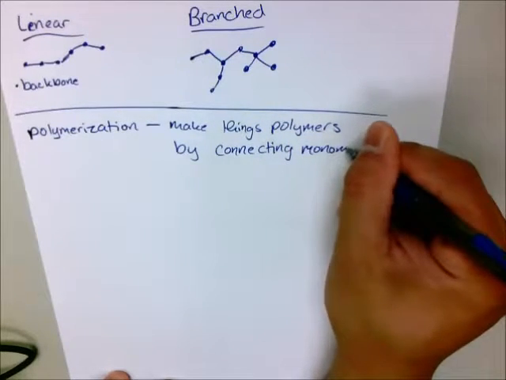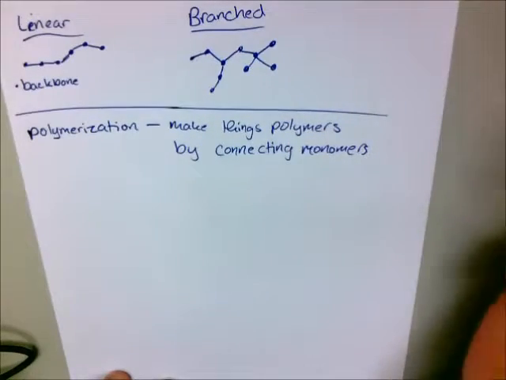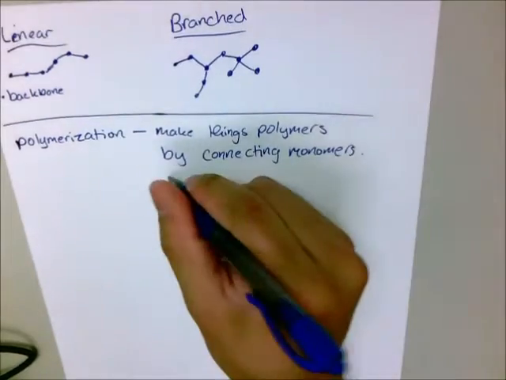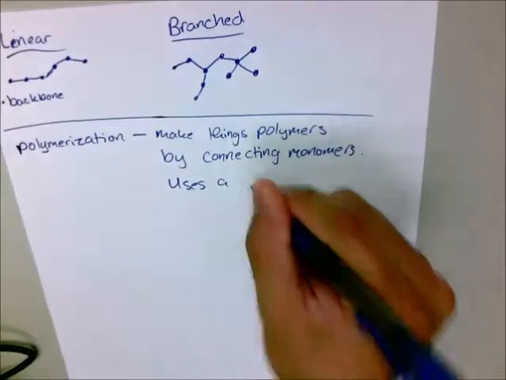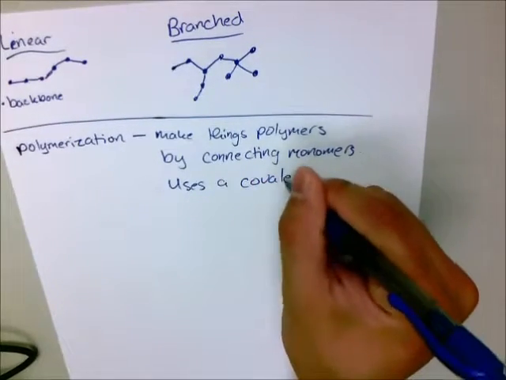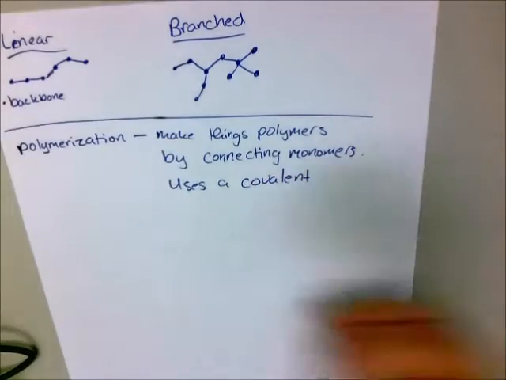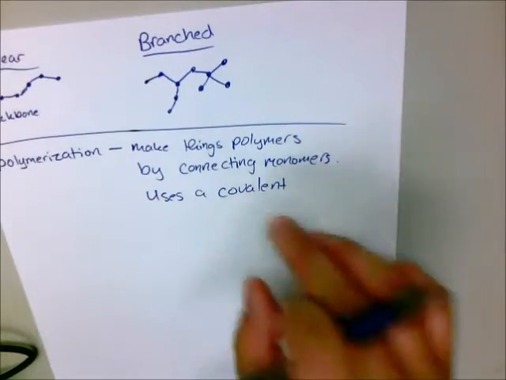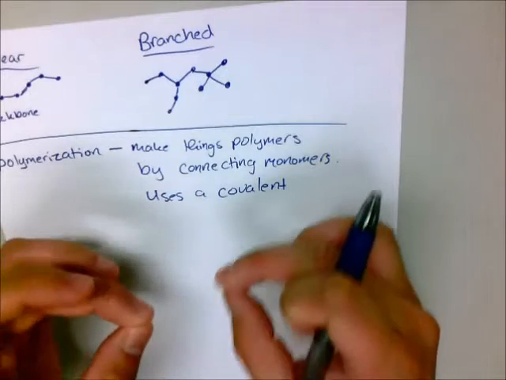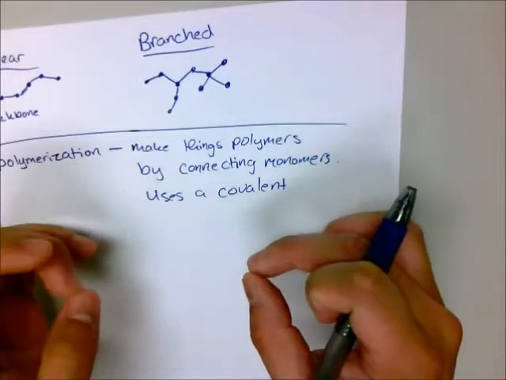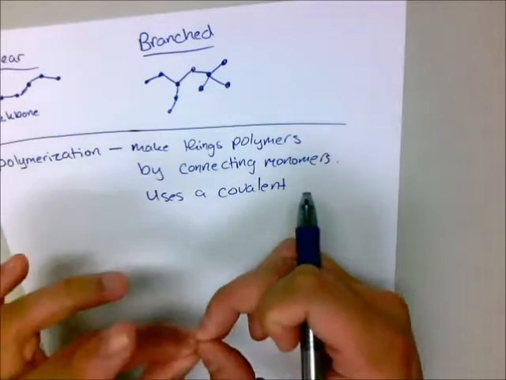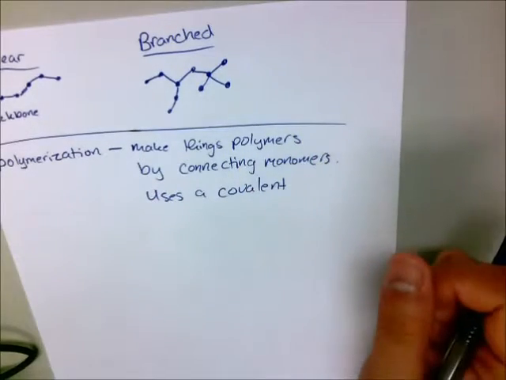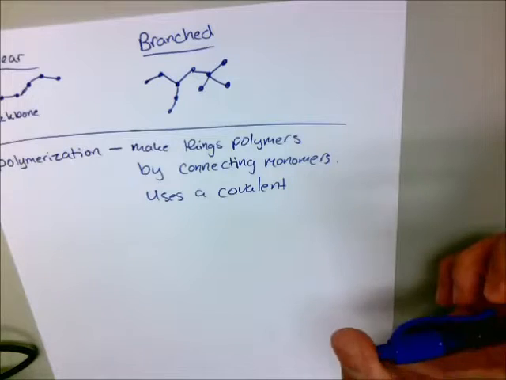Okay, and to do this, you use a covalent bond. And if you guys remember from the past tutorials, covalent bonds are shared electrons. All right, so two of the elements within your polymer will just bond together, share their electrons, and that's it. So you end up with a polymer as soon as they form these bonds. All right.